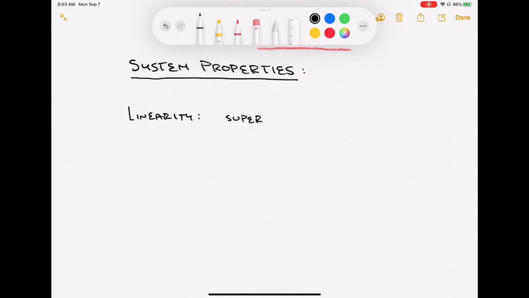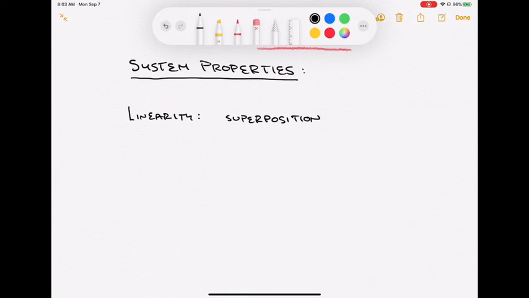You've probably seen linearity before in one of your previous classes like circuits. The superposition property does what? It basically says linear combinations of inputs generate the same linear combination of outputs.